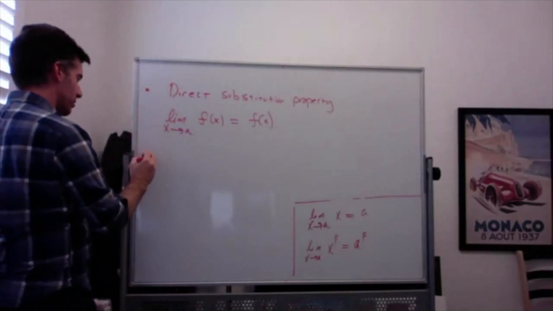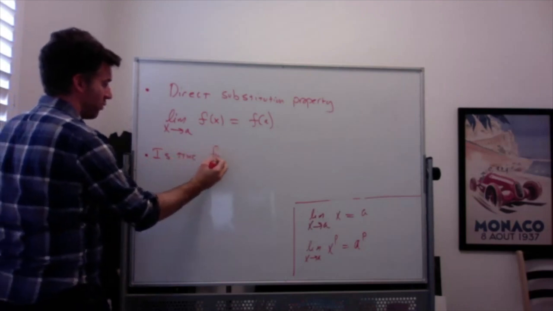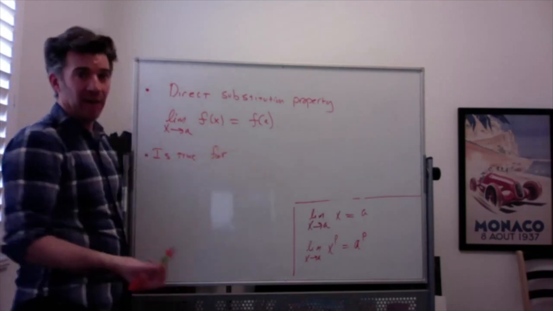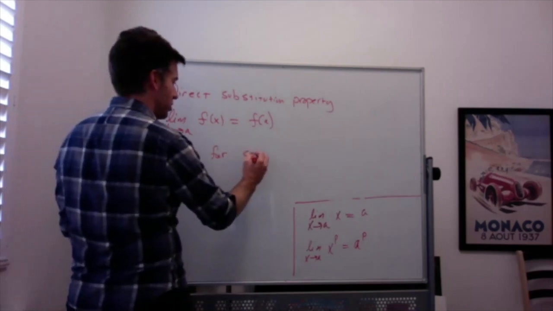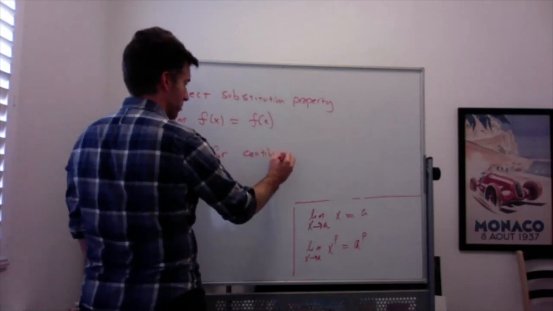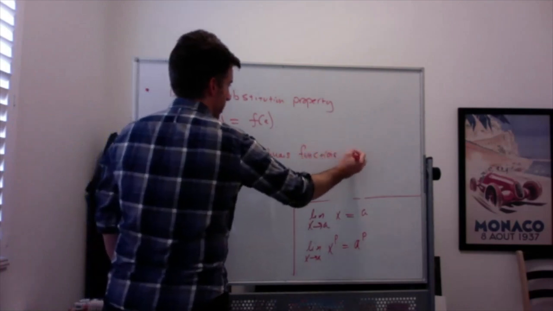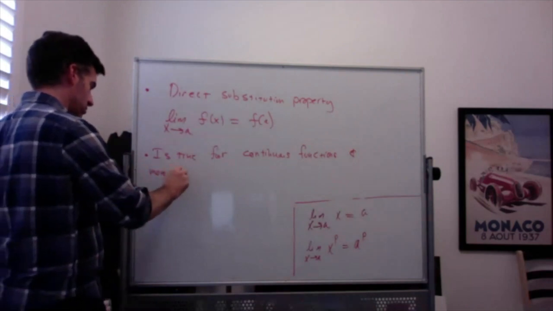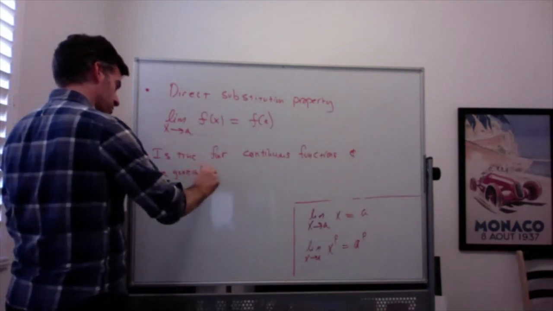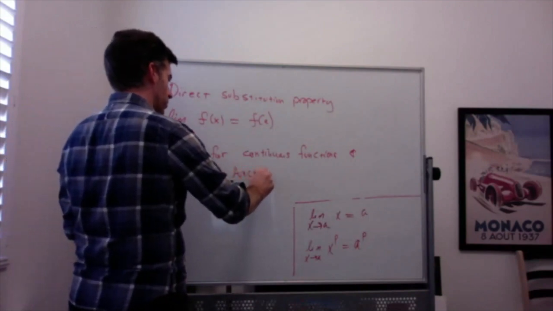And this property is true for, I'm going to say continuous functions, but I'm actually going to make it a little bit larger than that. It's true for continuous functions. And more generally, functions that are continuous on their domains.